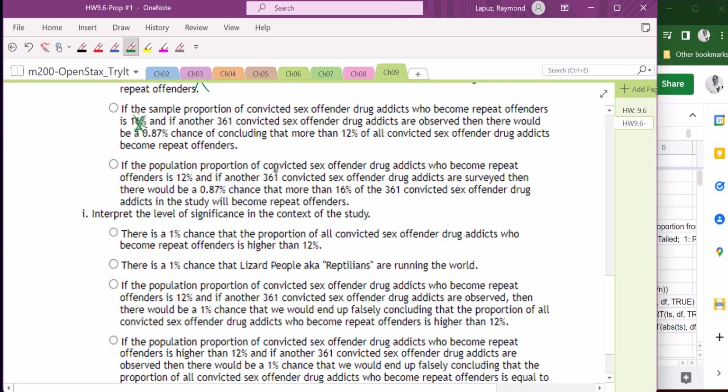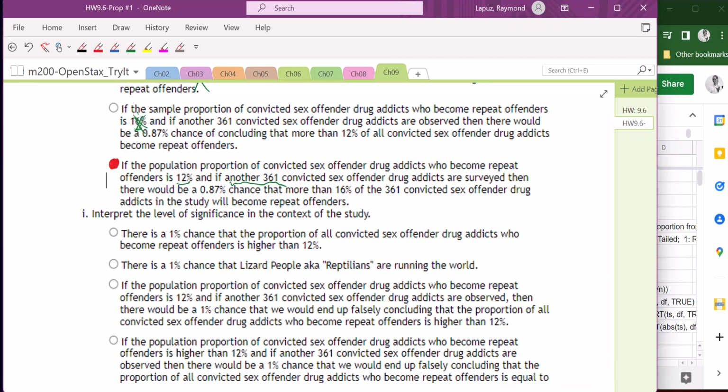If the population proportion of convicted sex offender drug addicts who become repeat offenders is 12%, and if we choose another 361 convicted sex offender drug addicts are surveyed, then there would only be an 8.7% chance that more than 16% of them will be repeat offenders. So this is our correct choice for this one.